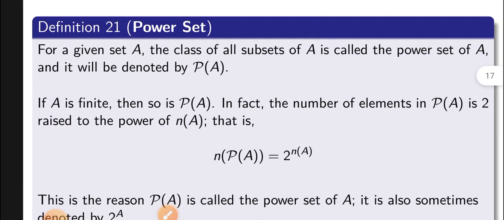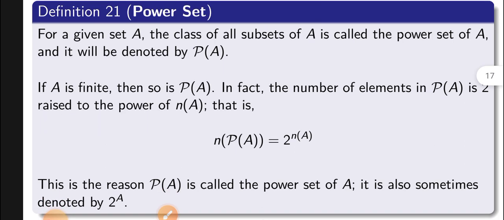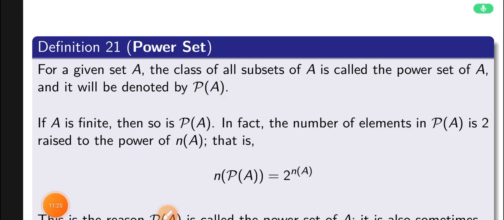So let's go to power set. For a given set A, the class of all subsets of A is called the power set of A, and it will be denoted by P(A).